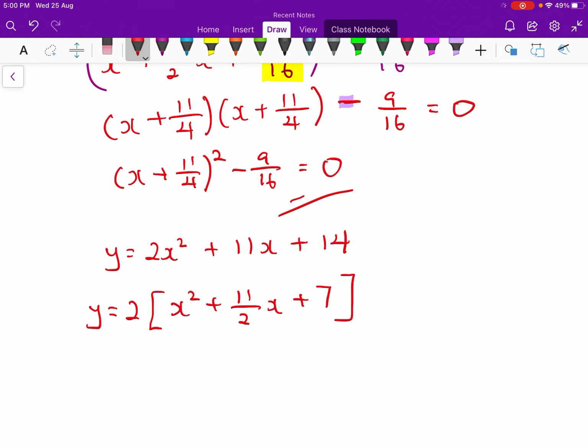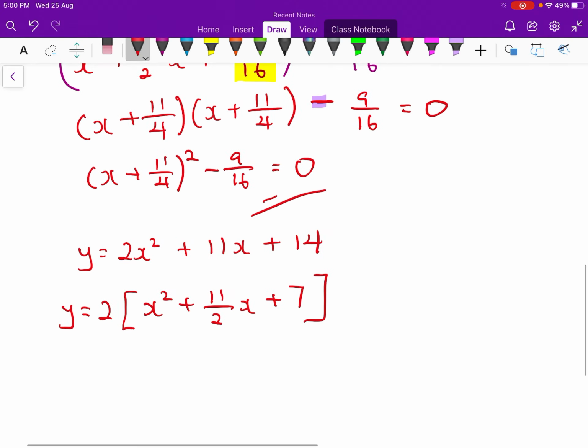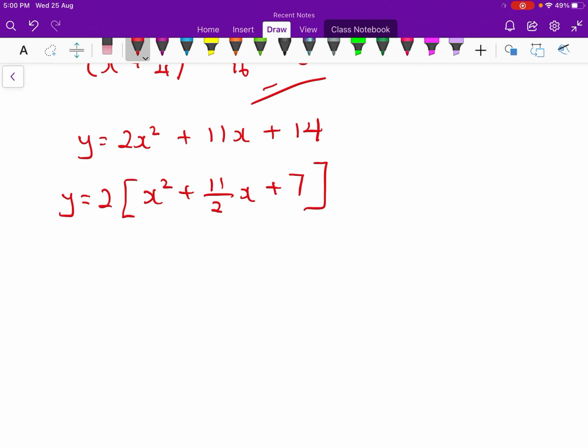Then put another bracket. Now we focus our attention on what's inside the bracket, because the key thing to do is work on whatever is inside the bracket, not the 2. The 2 I put aside for now. So y is equal to 2, bracket, then another bracket, whatever is inside is x squared plus 11 over 2x.